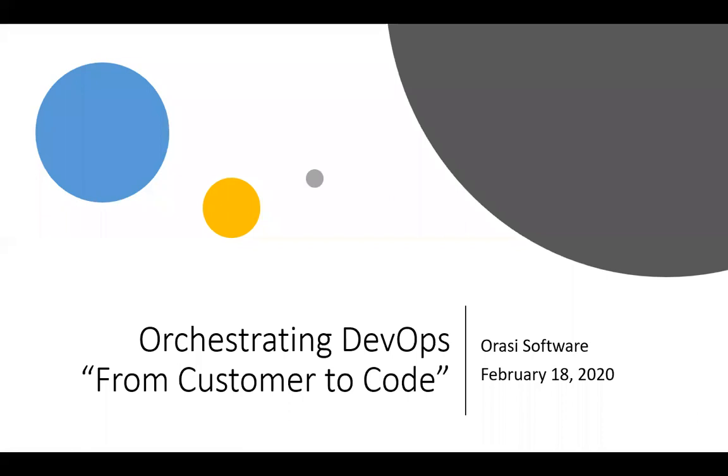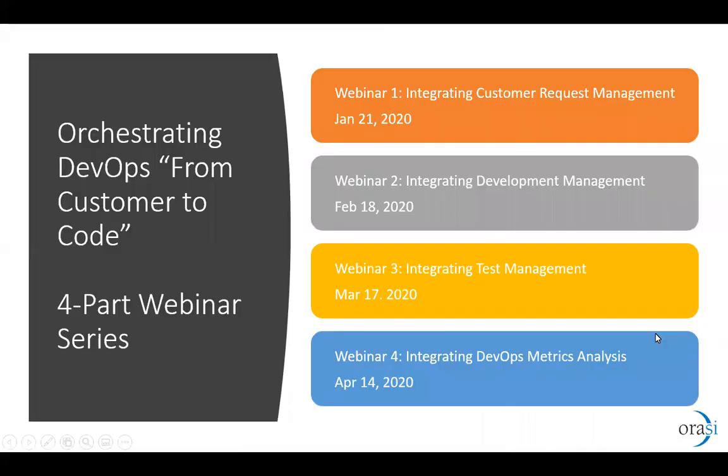All right. Well, thanks, Chris, and welcome, everyone. This is webinar 2 in a 4-part series. We started last month with introducing the idea of orchestrating DevOps from customer to code, or what we call continuous flow integration. And last month, we talked about integrating customer request management, so all about the front end of the cycle.